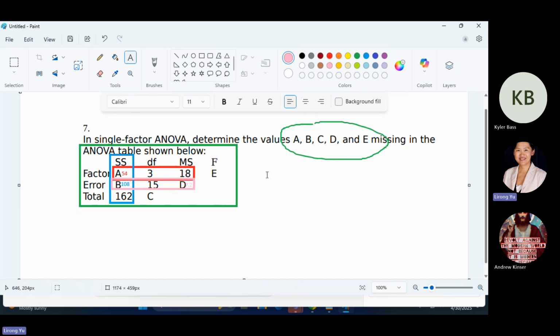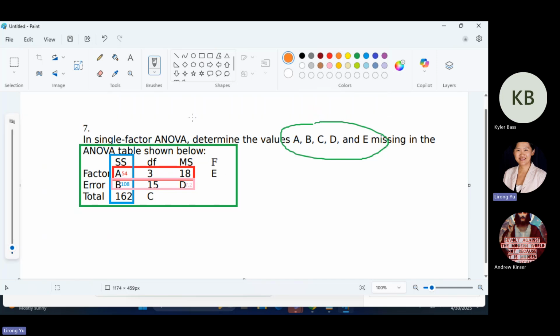So the mean square represents variance between and variance within. And to calculate the F, you're going to look at the relation between the three.